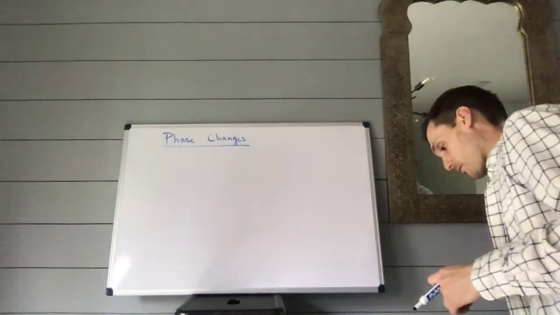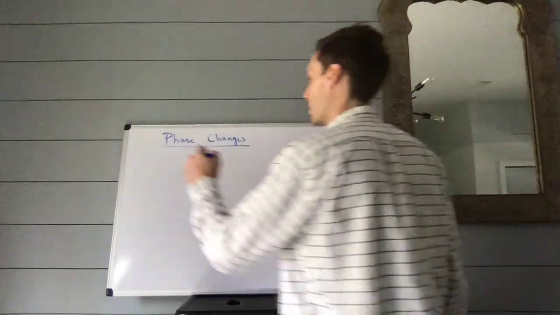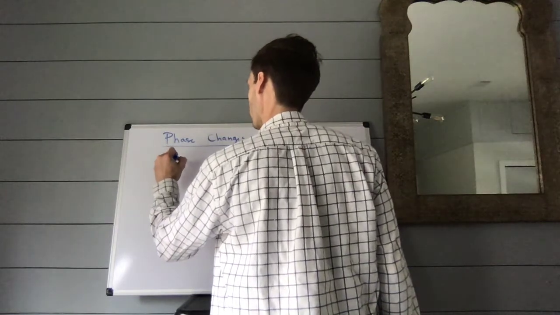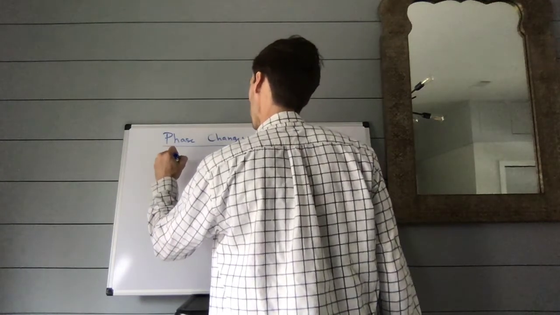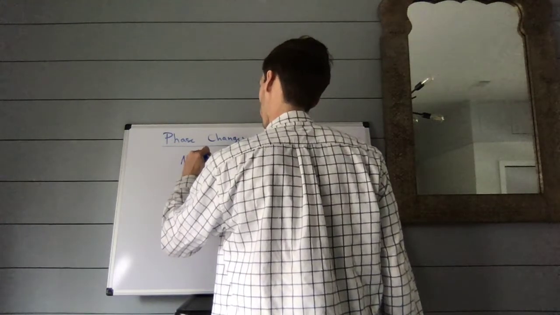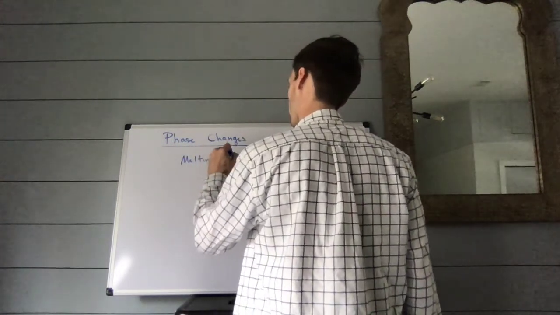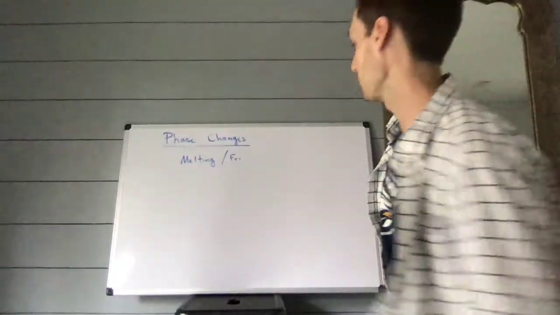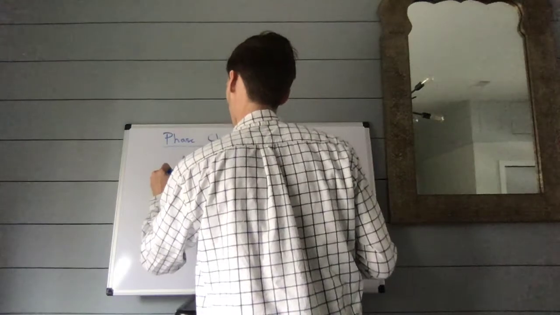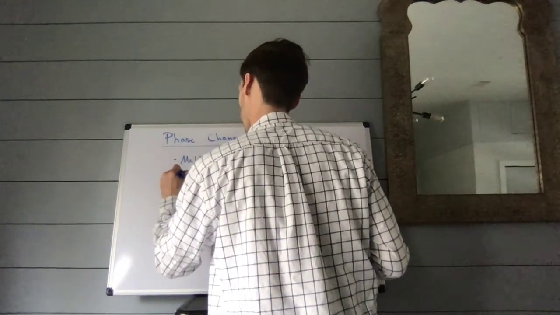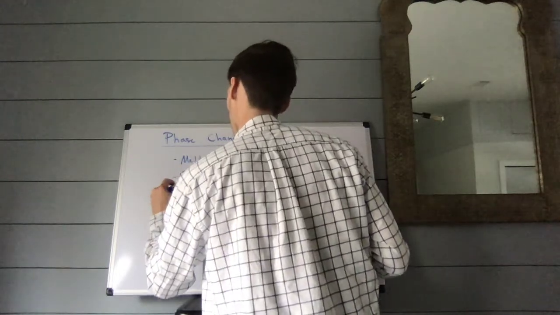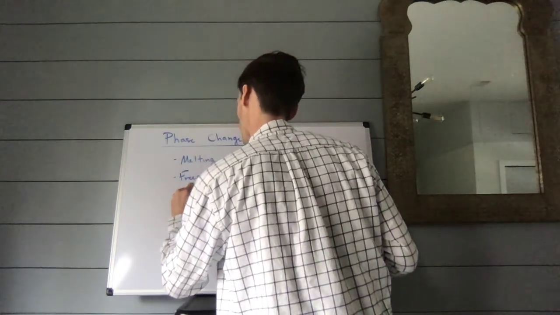So I'm sure you can rattle off a bunch, but the ones that we need to know are, let's just start with, let's go melting. Actually, let's keep them separate. So we have melting, we have freezing, we have vaporization.